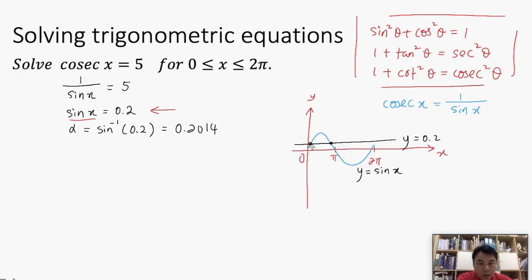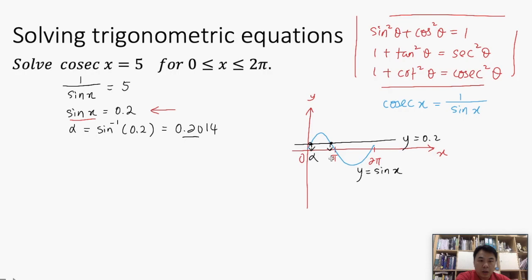We can see that there are two solutions, or two intersection points, which are here. And then the first answer has been discovered here, which actually refers to our reference angle here.